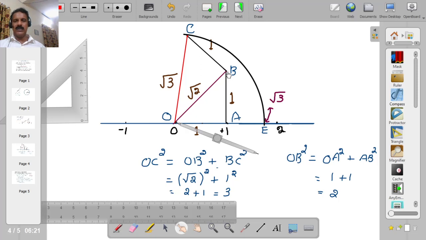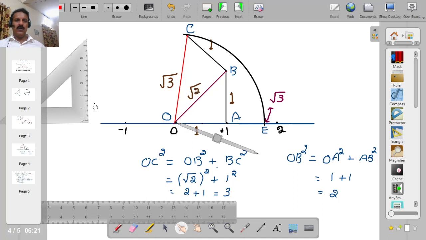We know OA is equal to 1 unit, so OA squared also is 1. Square of 1 is 1 only. And AB squared is equal to 1. So OB squared is equal to 1 plus 1, which is 2. Now OB has length equal to square root of 2 units.